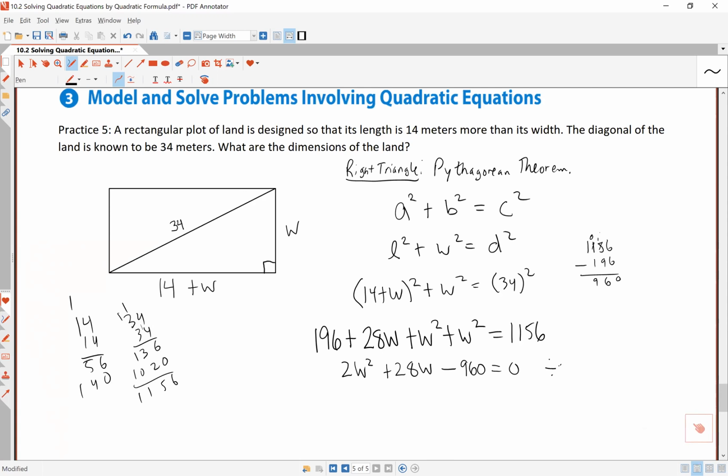Everything is divisible by 2 there. So I divide that by 2, divide that by 2, divide that by 2.